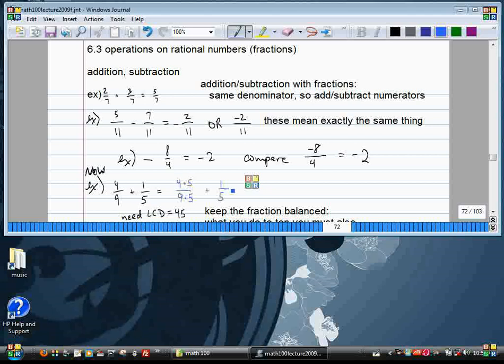And now the second fraction. What do we have to do to the denominator? Yeah, times 9, because we want to get it to 45. But anything you do on the bottom, you also have to do on top in order to keep the fraction balanced. Alright. So this is 20/45 plus 9/45, and that we know how to do easily. So it's just 29/45.